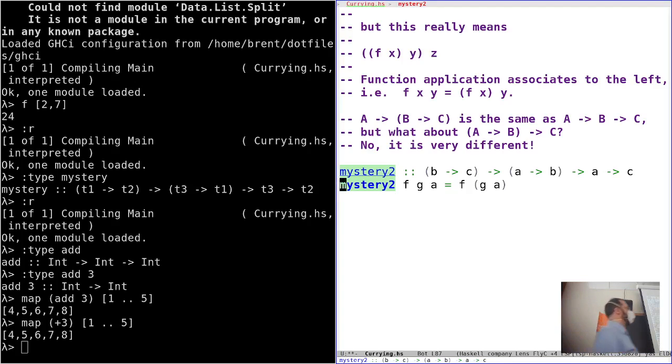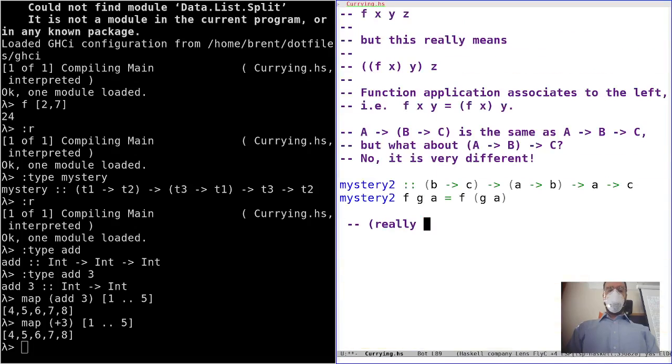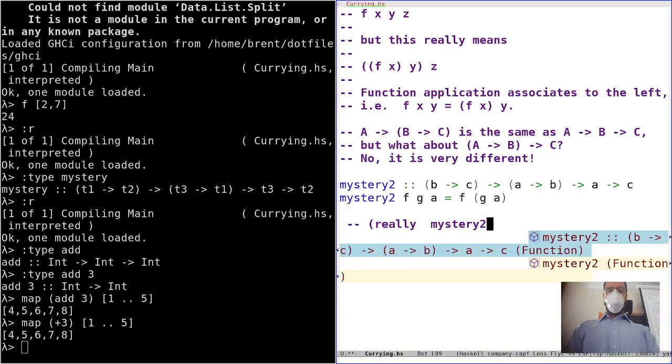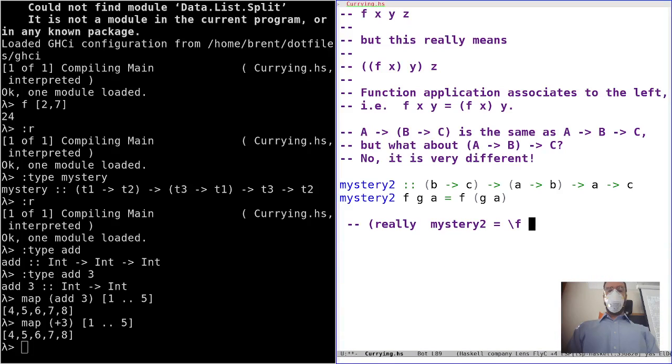It's just a nicer syntax for writing. Under the hood, it says mystery 2 equals lambda f, lambda g, lambda a, blah, blah, blah. That's really what it gets translated to. So there's not any difference.